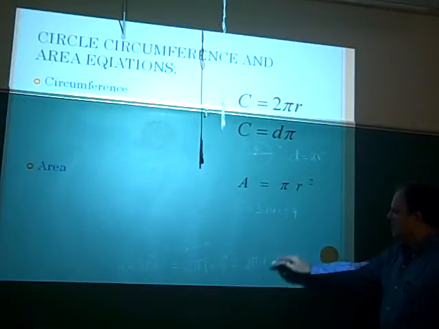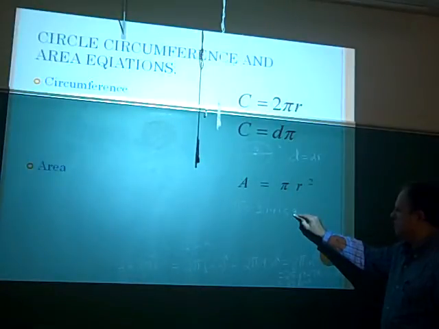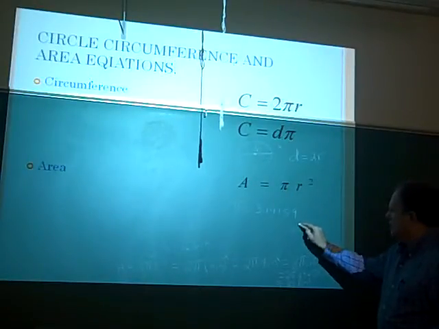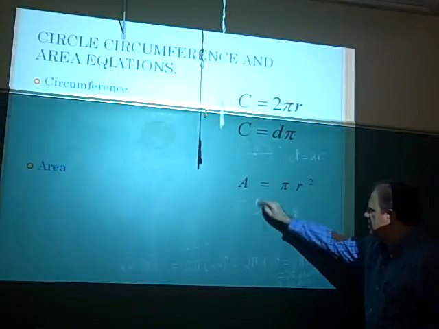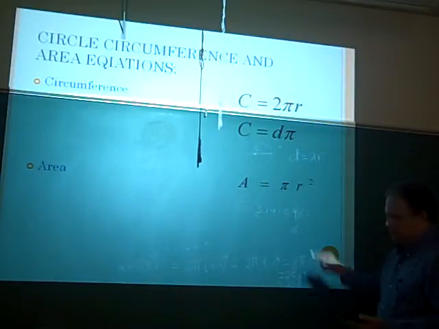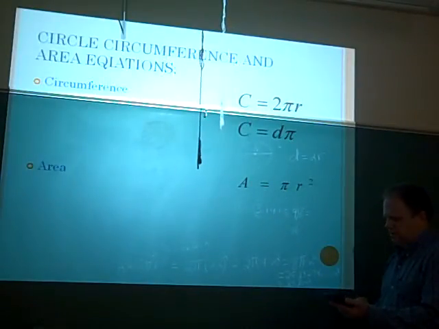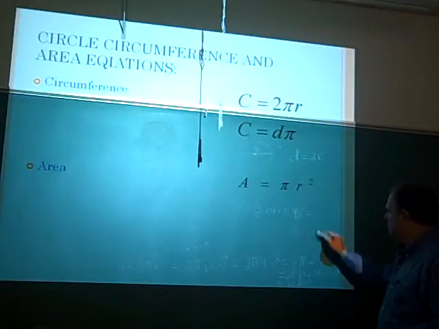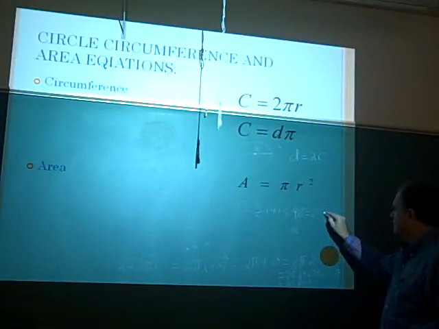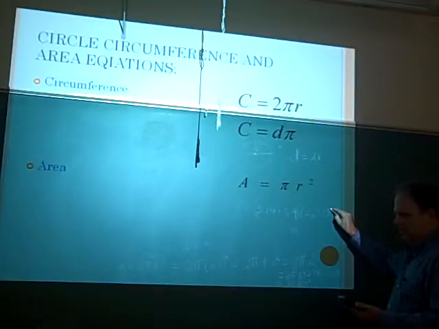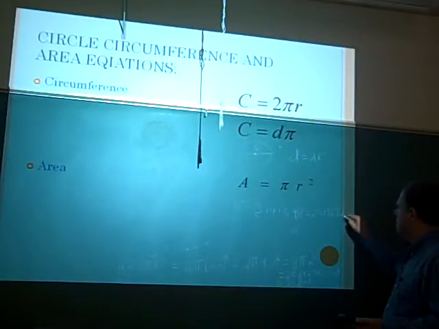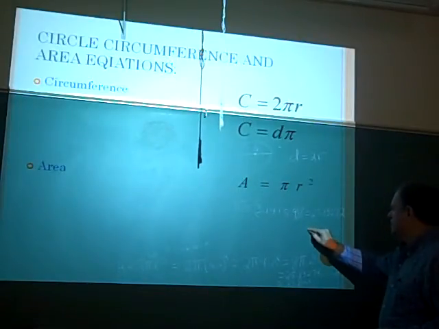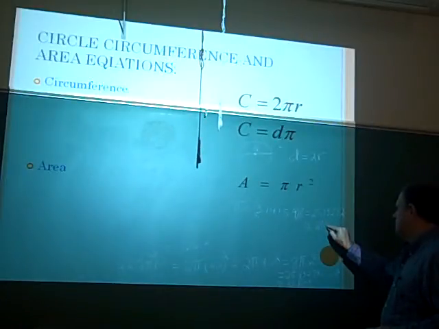So instead of your pi button, if you use 3.14159, let's try that. 4 times 3.14159, 12.56636. Okay, so that still gives you 12.6 inches squared.